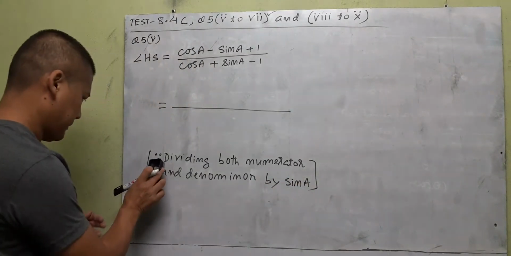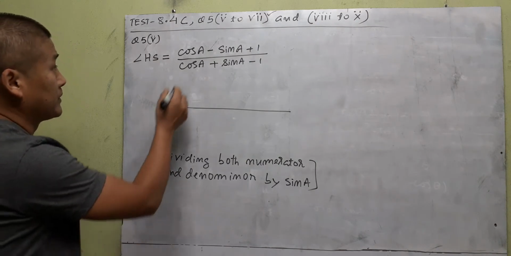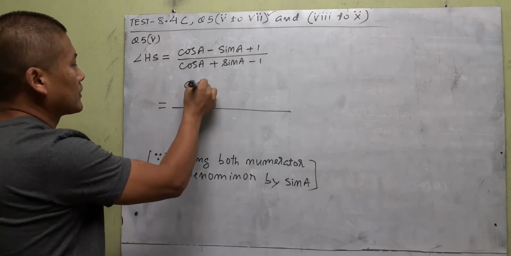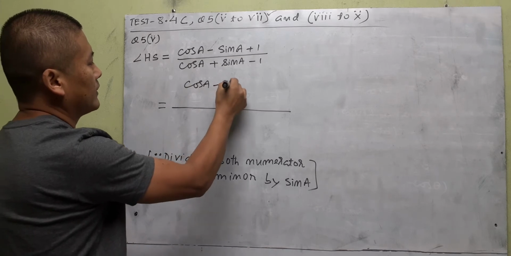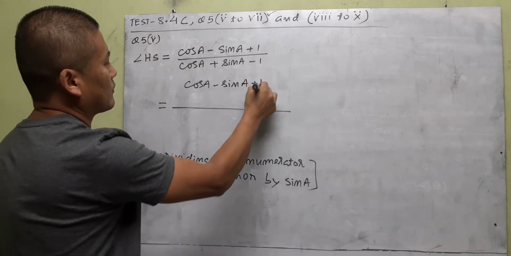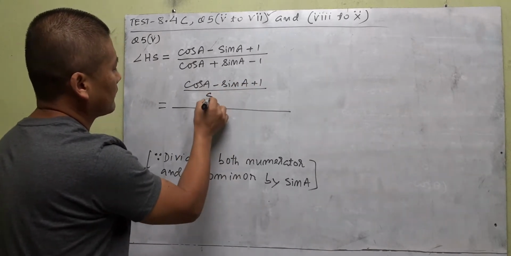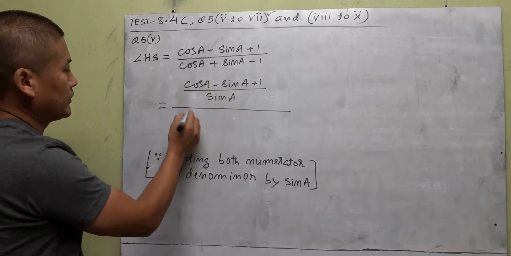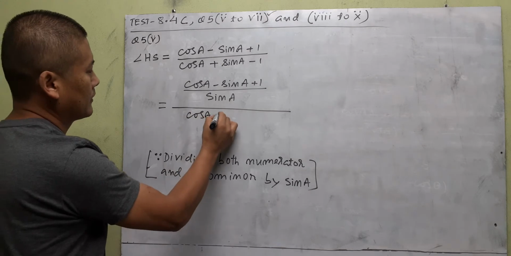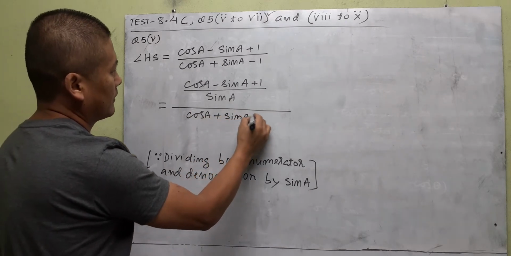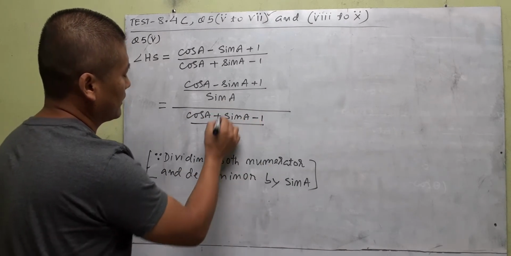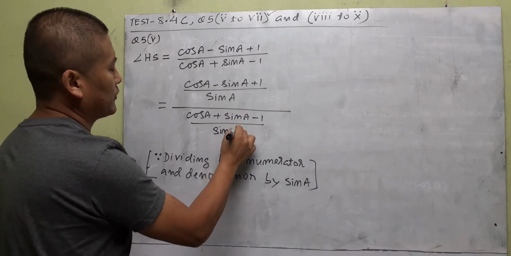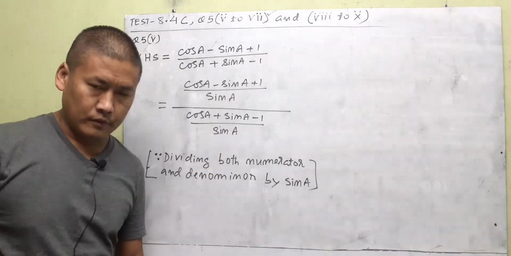If you do that, you're going to simply get (cos A minus sin A plus 1) divided by sin A in the numerator. Then the denominator, cos A plus sin A minus 1, is divided by the same thing, sin A. We can do that, right? That is quite acceptable.